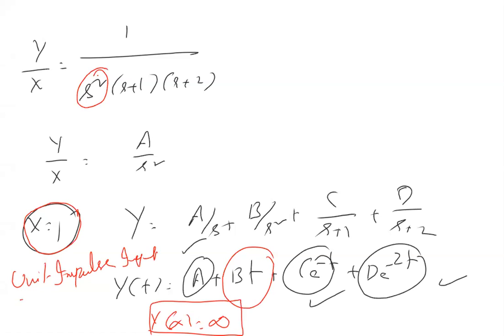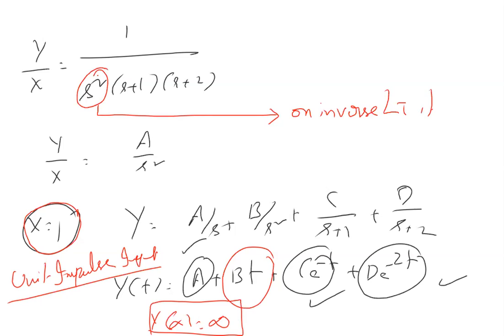You don't need to do this analysis every time, because when you see s square, on inverse Laplace transform it becomes t, which will become infinity and makes the function unstable.